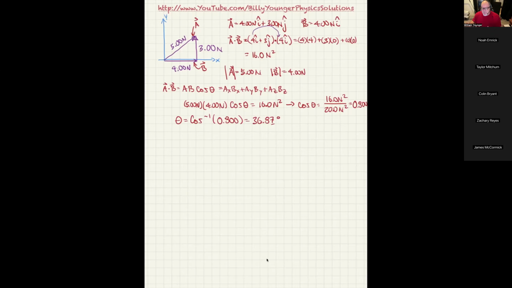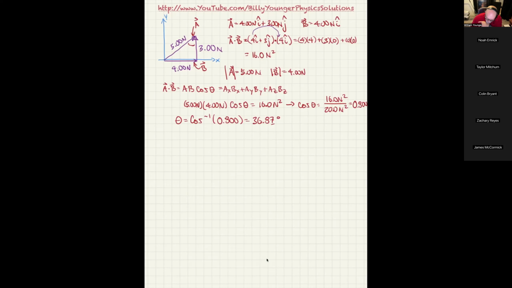Okay, so that's what I meant by you can use a dot product to find the angle between two vectors. What I did was took two obvious vectors that you knew exactly what the angle should be, assuming you remembered your 3-4-5 triangle. By the way, the other one, this angle up here has to be 90 minus 36.87, so it's going to be like 51.13 or something like that.